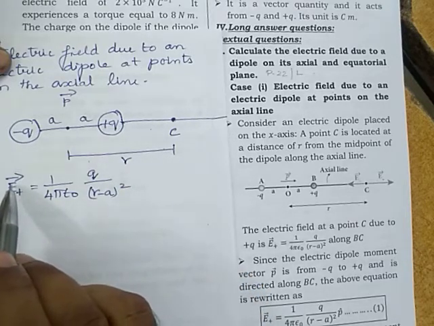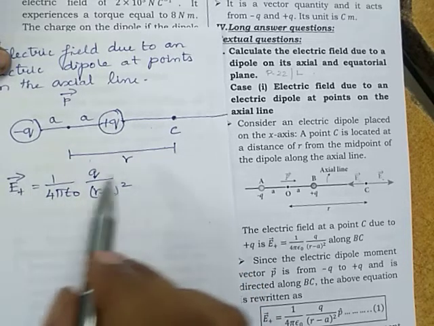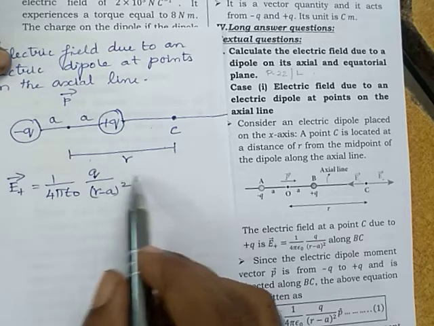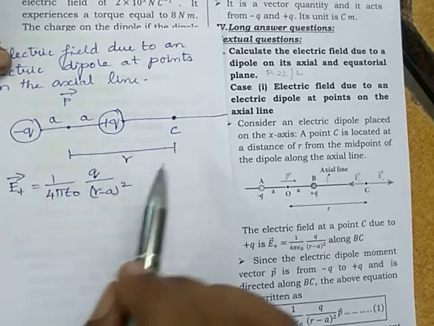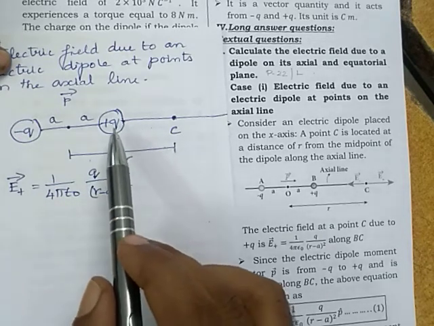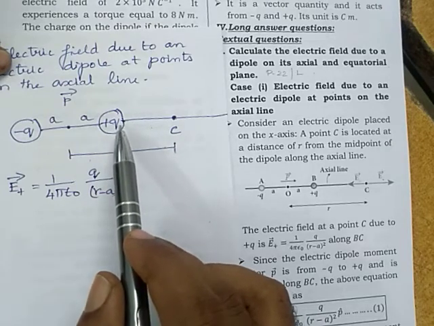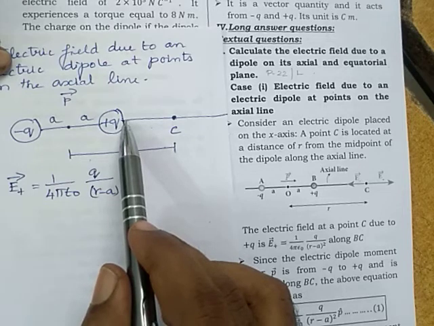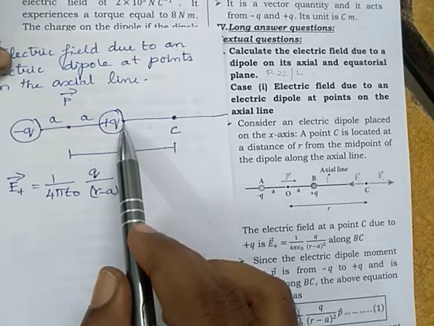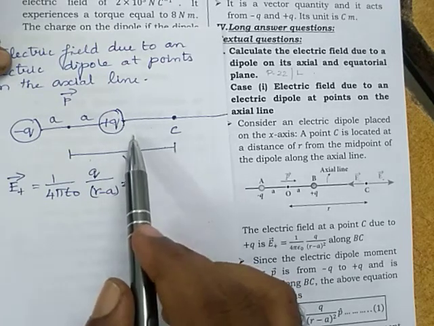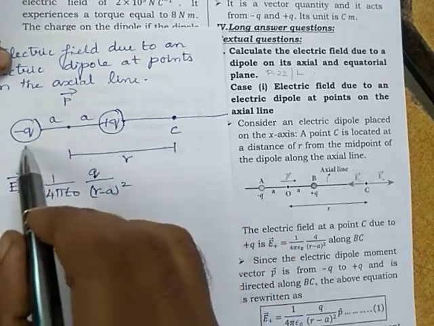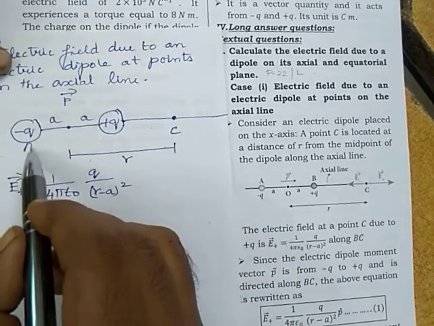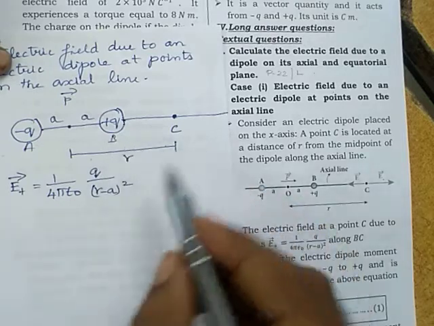Here it is a vector quantity, so we need to indicate the direction of the electric field. We know the electric field always starts from a positive charge, so it will move away from this charge. I am considering this one as A and this one as B, so the direction of the electric field is along BC.